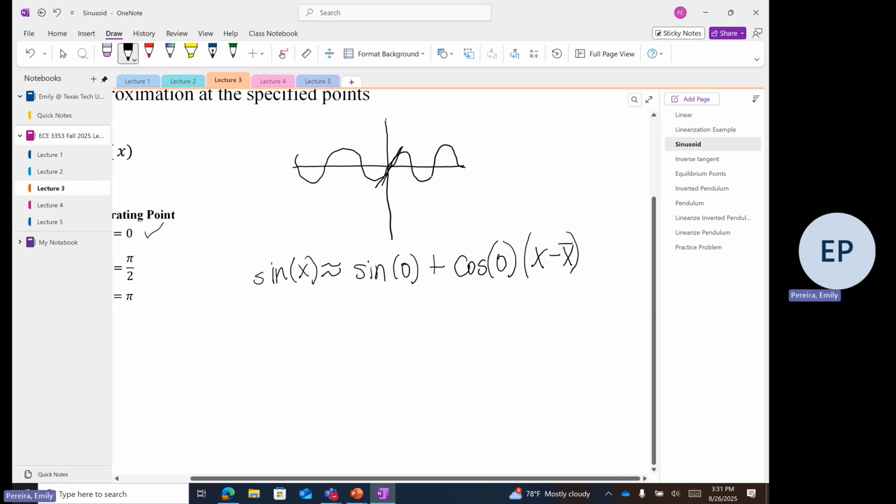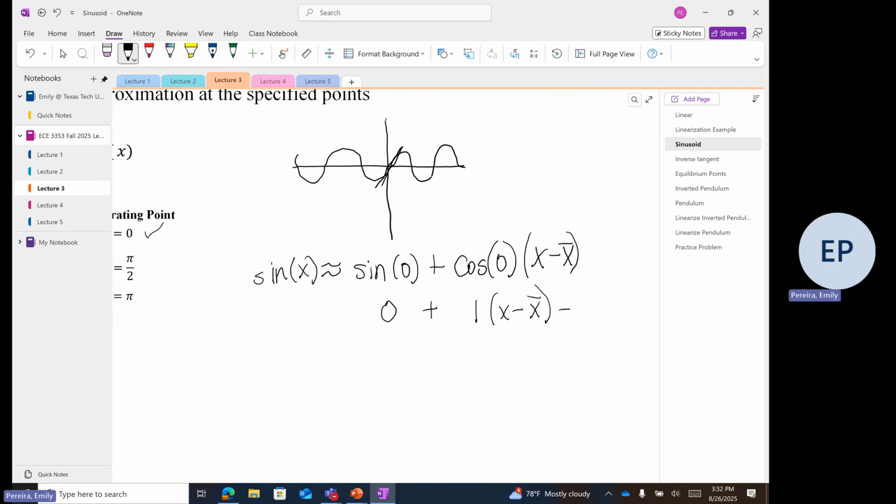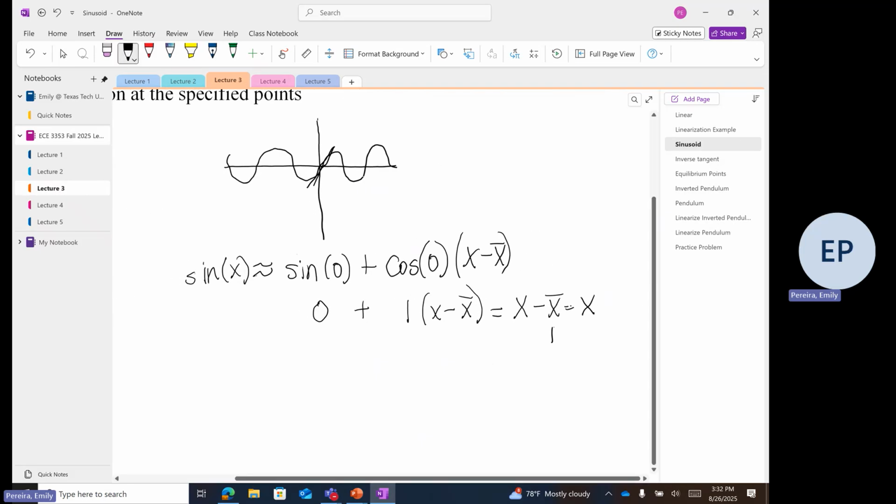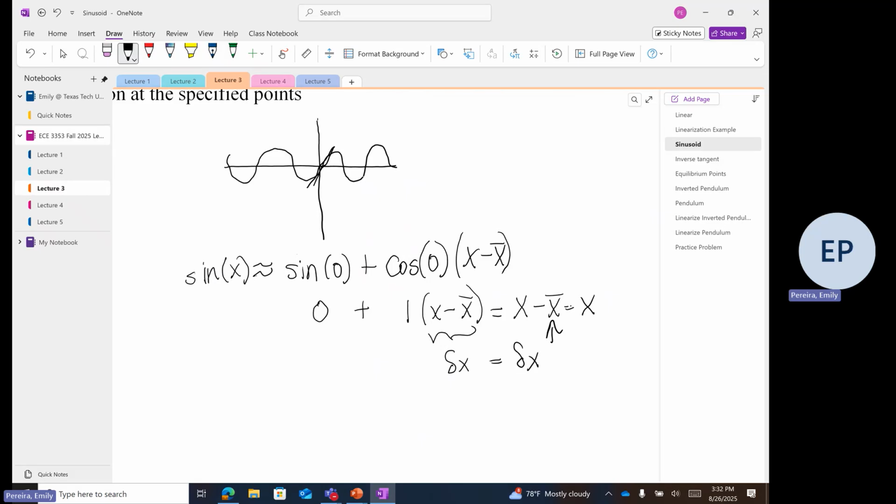So we get sine of 0 is 0 plus cosine of 0 is 1 times x minus x bar. So this is approximately equal to x minus x bar, which is just x in this case because x bar is 0. Okay, we can also call this delta x.